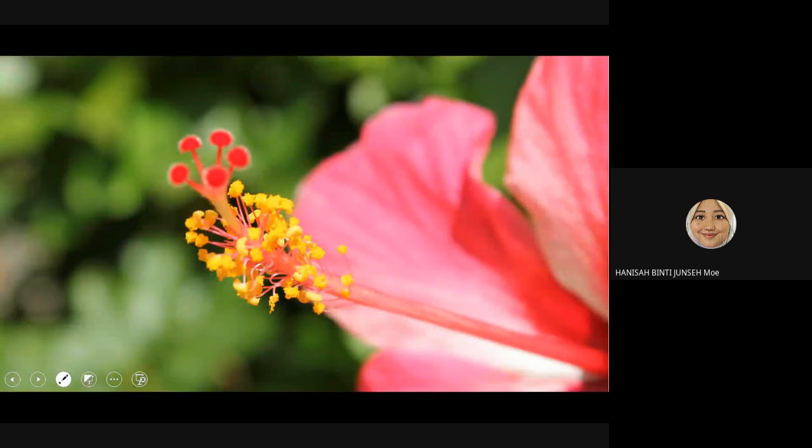So here's a familiar flower. As Malaysians, we know this is our national flower, bunga raya. This is hibiscus. The scientific name is Hibiscus rosa-sinensis, bunga raya.